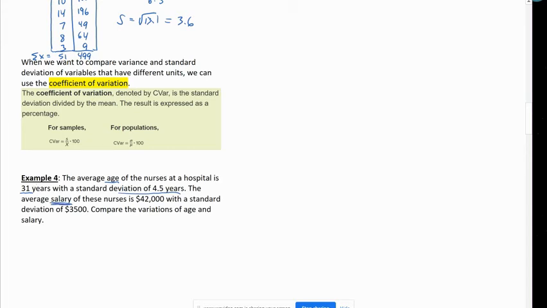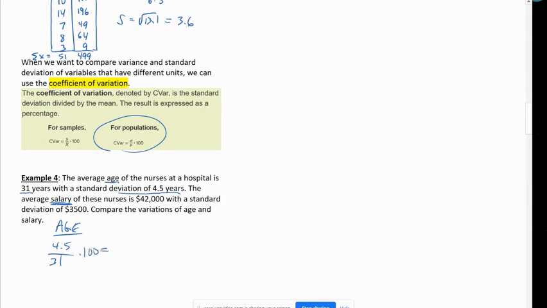So age and salary don't have the same units, but we can still compare which sample has more variation by writing it as a percentage. We'll use the population for this one. The standard deviation for age is 4.5, divided by the average 31, and then multiplied by 100.